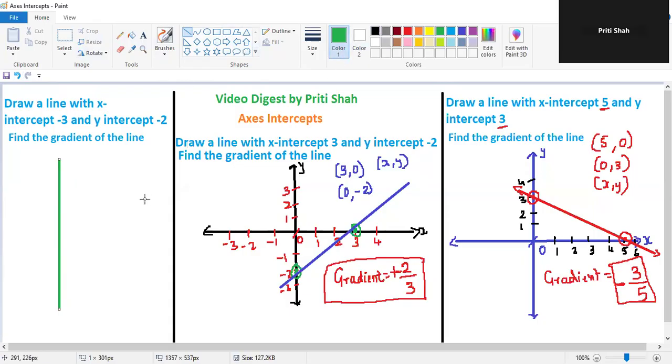Then let's draw the x-axis. Now this is 0, 1, 2. We want to go to negative 3. And in the y-axis, it is negative 2.